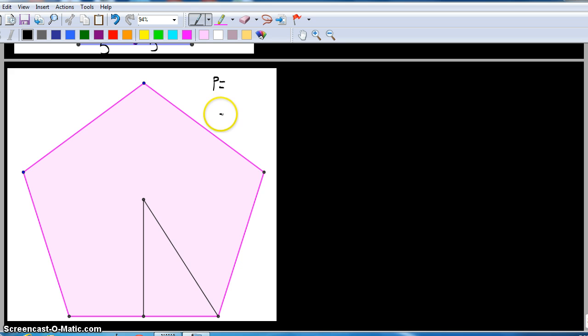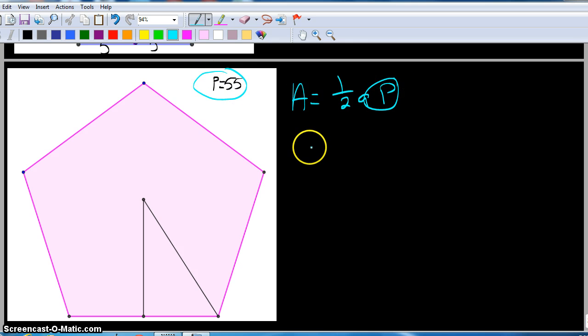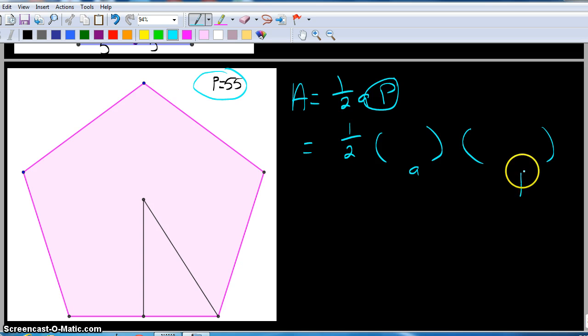I'm going to say the perimeter is equal to, let's say, 55. So the perimeter is 55. So in the formula, A equals 1/2 AP. Well, that P is right here. I already have that. So it's equal to 1/2 times my A times my P, big P, and this is 55.